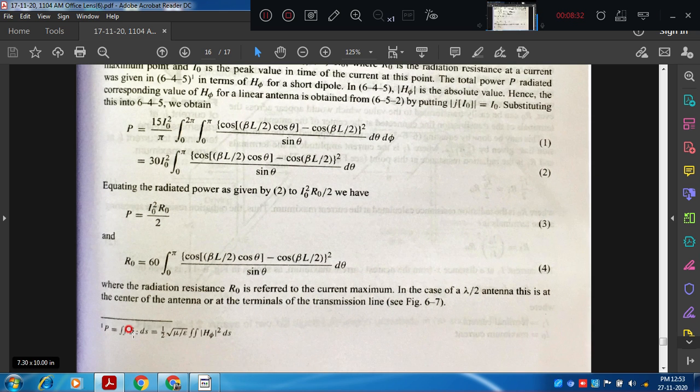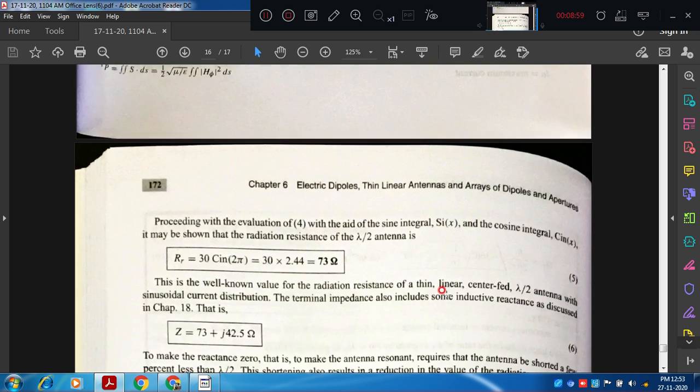60 times the integral of 0 to pi of [cos(beta L by 2 cos theta) minus cos(beta L by 2)] whole square divided by sin theta, d theta, where the radiation resistance R naught is referred to the current maximum. So in the case of a lambda by 2 antenna, this is at the center of the antenna or at the terminals of the transmission line, right?